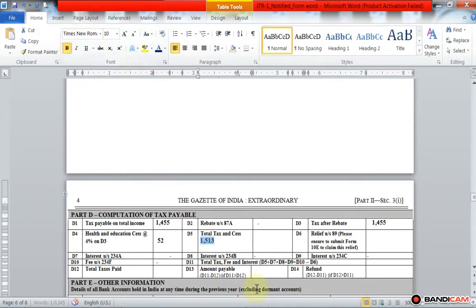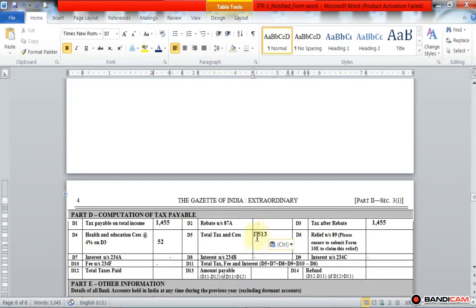Okay, then relief. Here we wrote a figure in the wrong column, so here total tax and cess 1,513. Then relief is not applicable to this SSC, so nil.